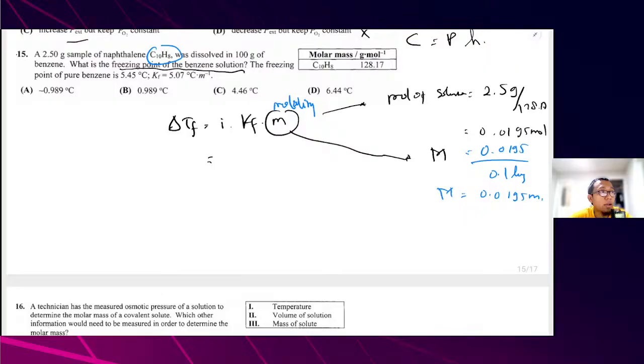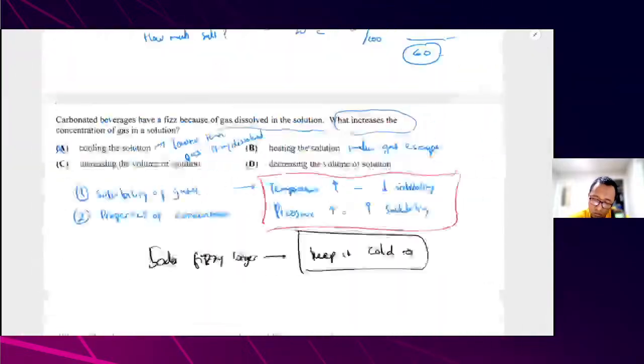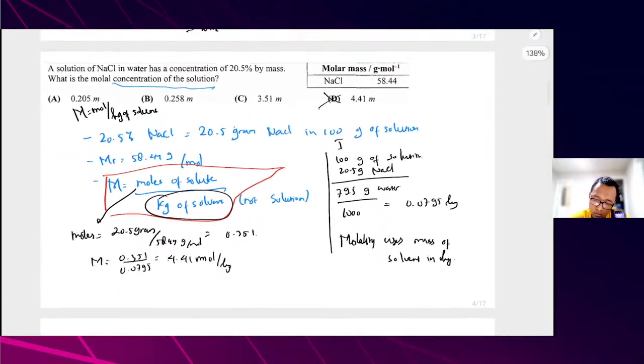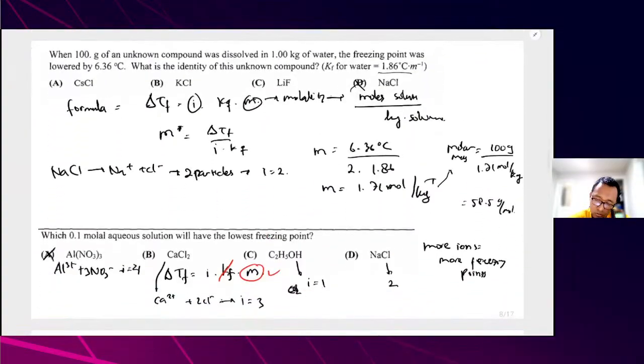And then i should be 1, right? Where is the equation? Okay, this one. More ions means more freezing point depression.